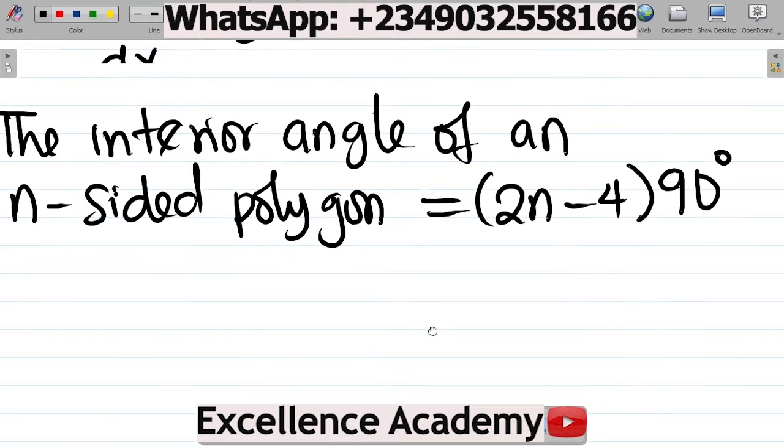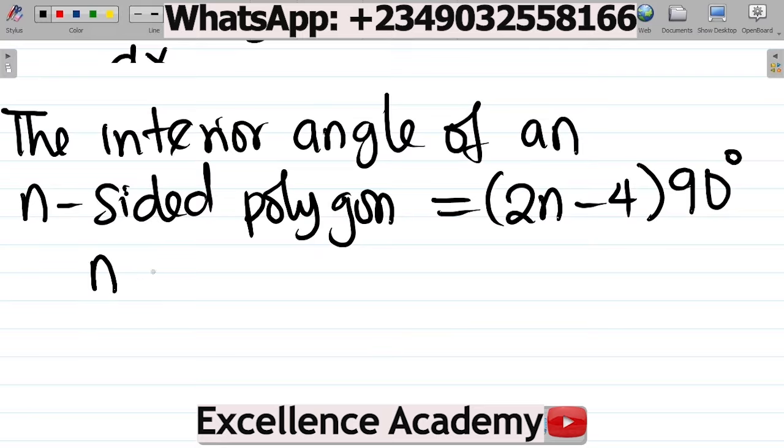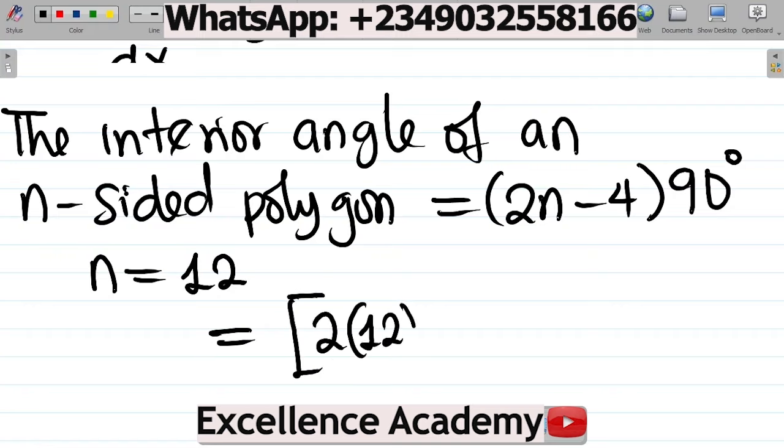Now, in the question, they said a 12-sided polygon. So n is the number of sides, and they said 12. So the sum of the interior angles will be (2 times 12 minus 4) times 90 degrees.